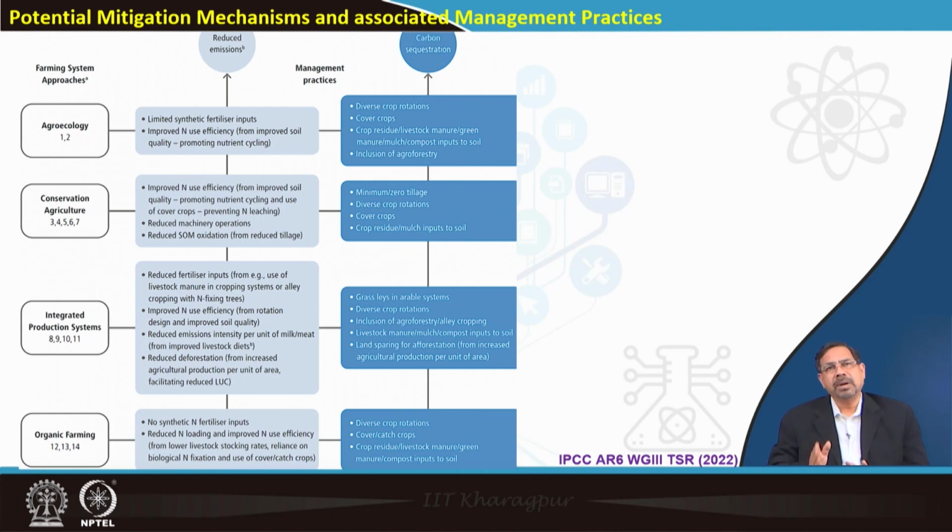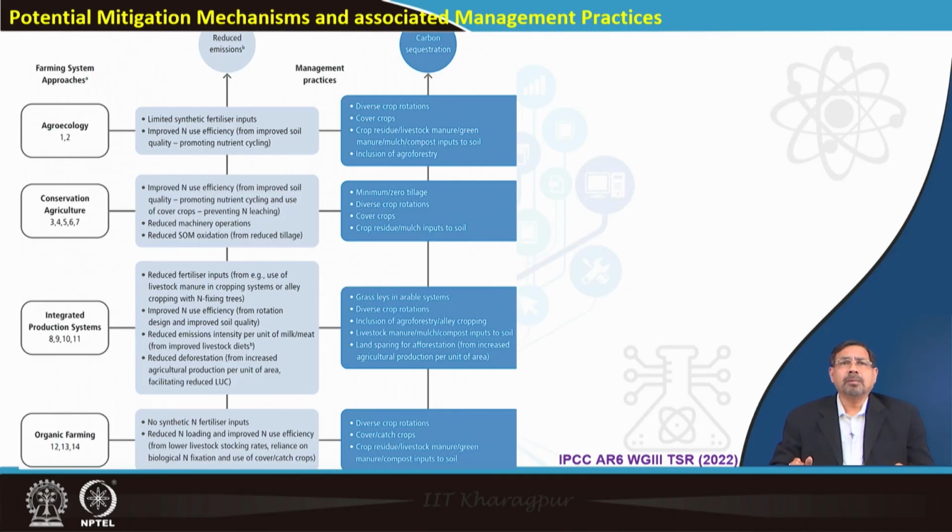Look at the middle and right hand columns: because of these activities, they contribute towards the reduction in emission, and the extreme right side shows the activities that contribute towards higher sequestration of carbon dioxide. So, these two fall under the various management options on offer.